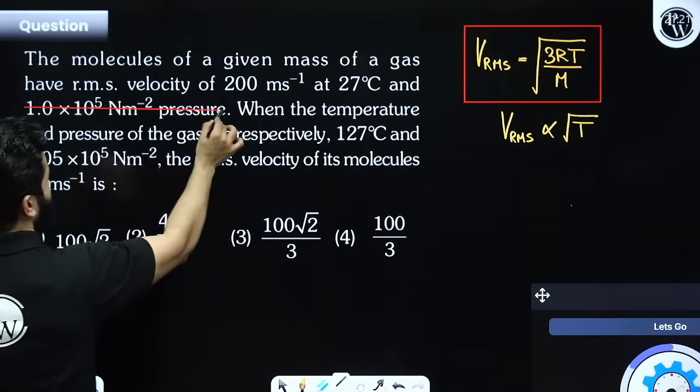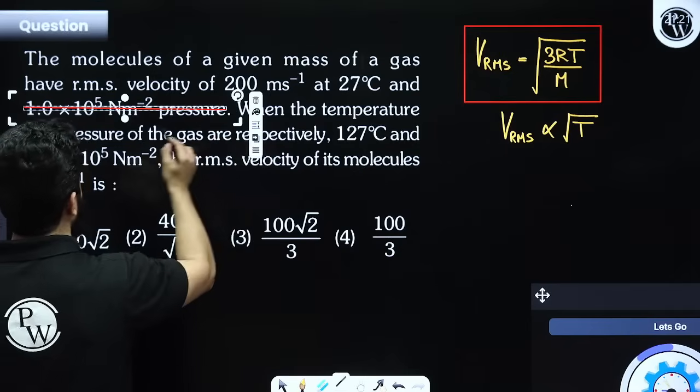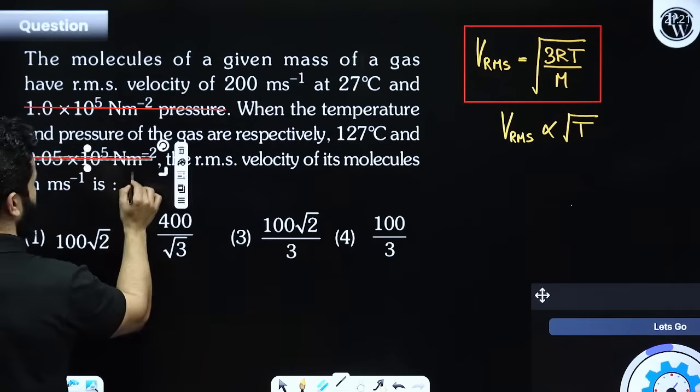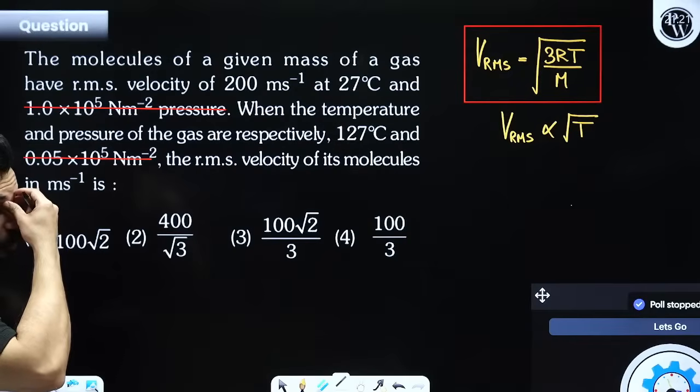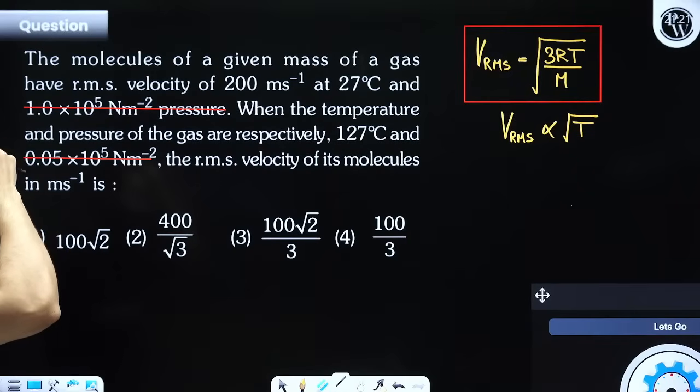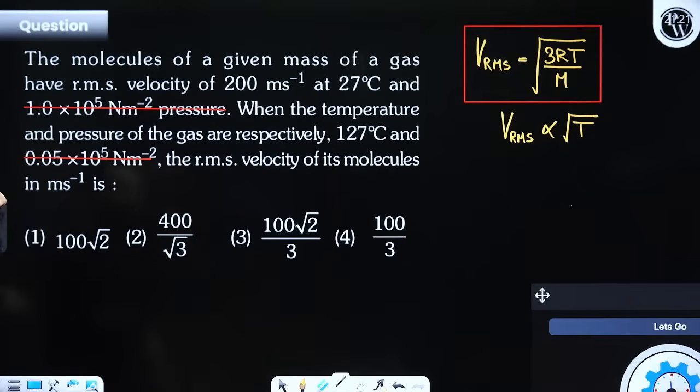When we use this formula, we actually don't require pressure, so we are not going to use that information. Although we can derive that formula also, for that we'll have to write down density, and that is not given. So let's not get into that.